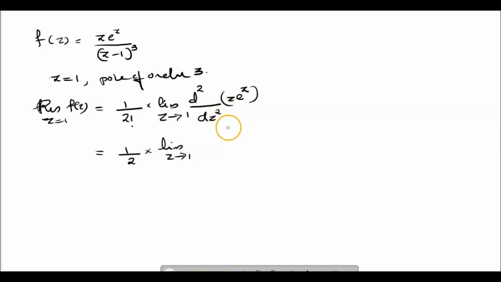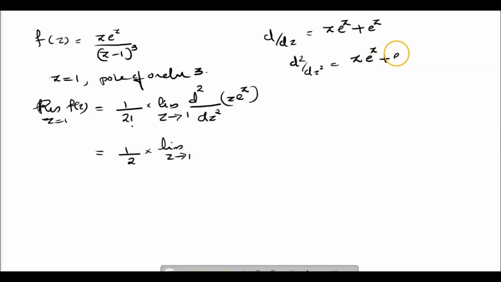Differentiate with respect to z. First derivative is z into derivative of e raised to z, which is e raised to z, plus e raised to z into derivative of z, which is 1. And second derivative: first is z e raised to z plus e raised to z into 1, plus derivative of e raised to z is e raised to z.